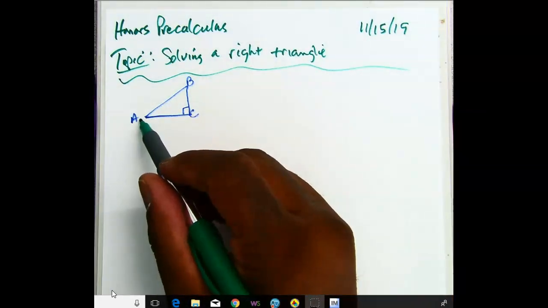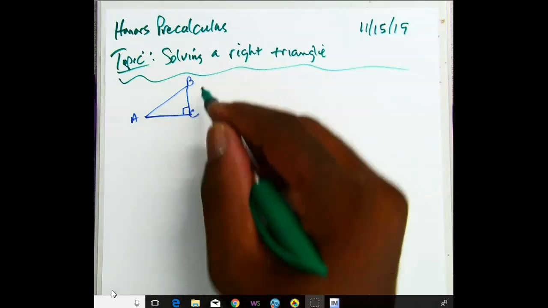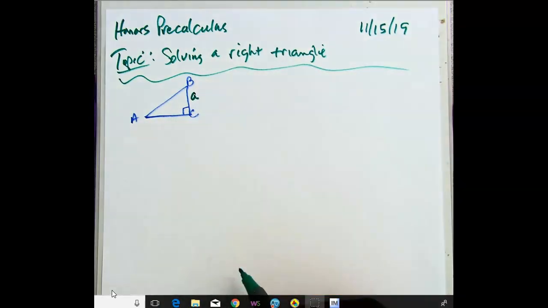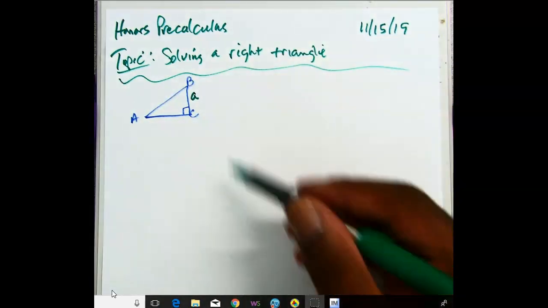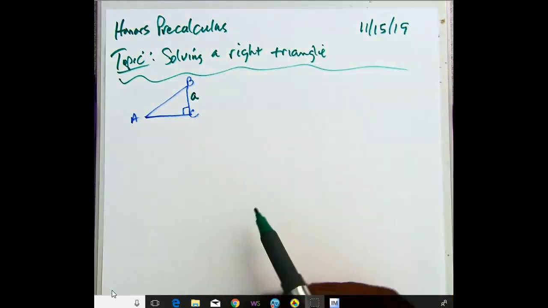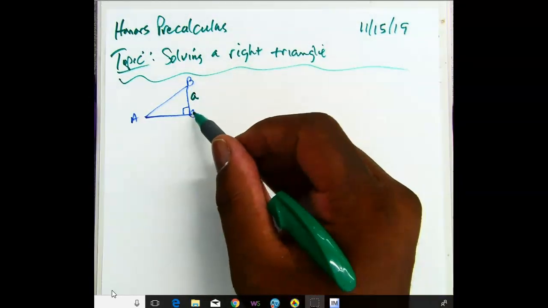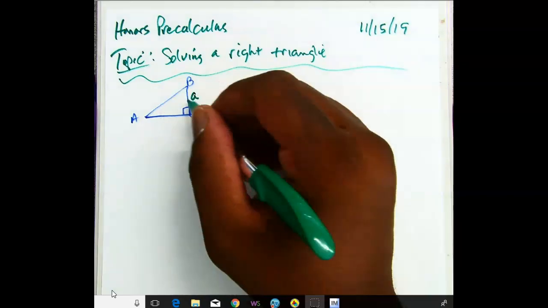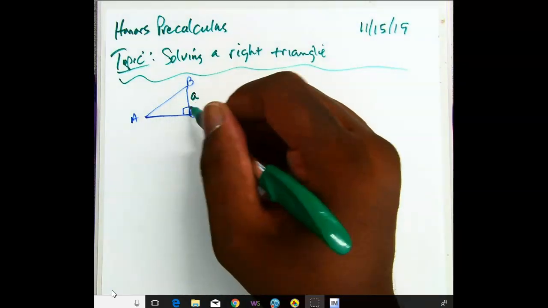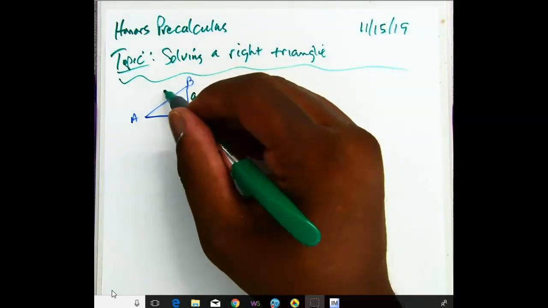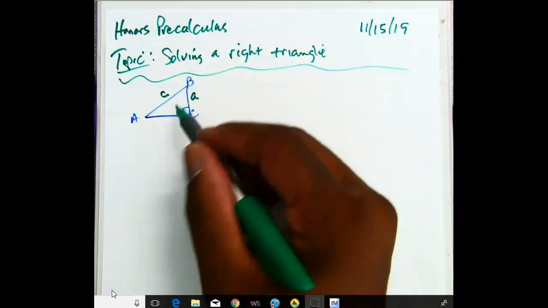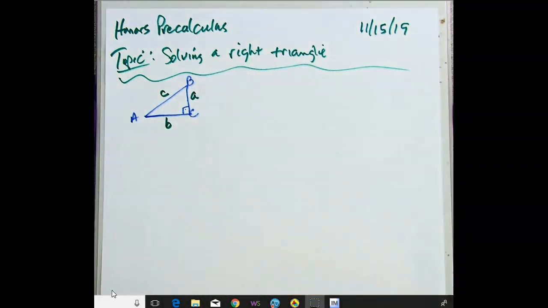So if this is angle A here, the side opposite angle A would be the segment BC, and we'll label that lowercase a. Our hypotenuse is C here, capital C. So the side opposite right angle C, our hypotenuse, would be lowercase c, and then that would be B there.